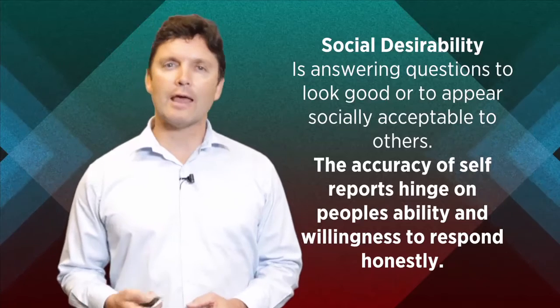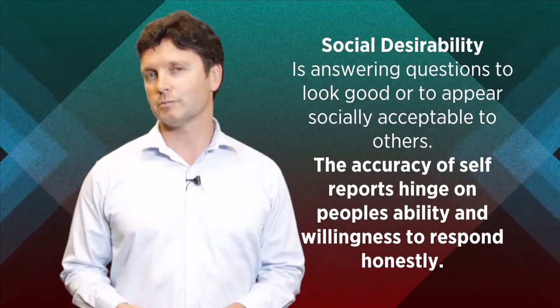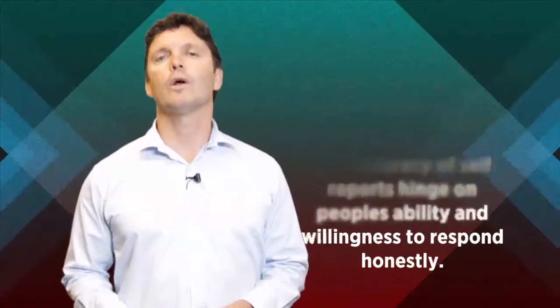So you can see that the accuracy of self-reports hinge on people's ability and willingness to respond honestly, especially when questions focus on sensitive topics such as sexual habits or drug use or ideas around prejudice. Self-reports may be distorted by social desirability or social desirability bias.